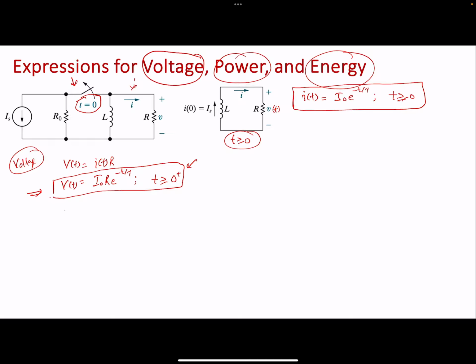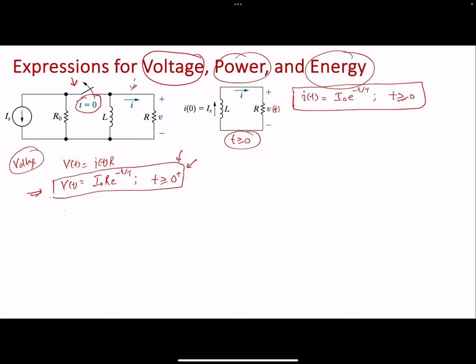Because all the current is still going through the inductor. However, exactly at time 0 positive, the current will start to be established and the voltage will start to be established as well. So that is why, other than the inductor itself, the rest of the dissipative elements, which in this case is a resistor, only make sense, or these expressions make sense at t equals 0 positive rather than exactly at 0.